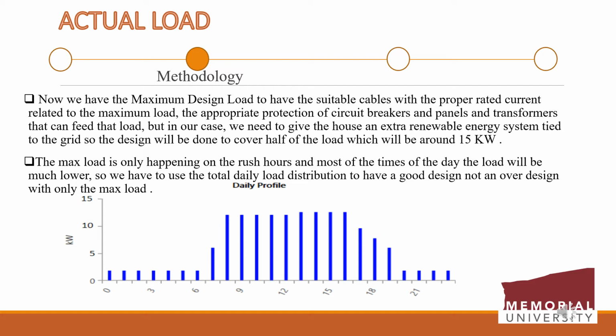So the design will be done to cover half of the load, which will be around 15 kilowatt. The maximum load only happens during rush hours, and most of the time of the day the load will be much lower. So we have to use the total daily load distribution to have a good design, not an over design with only the maximum load.